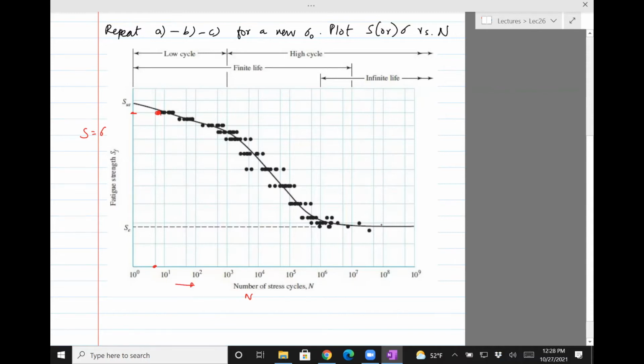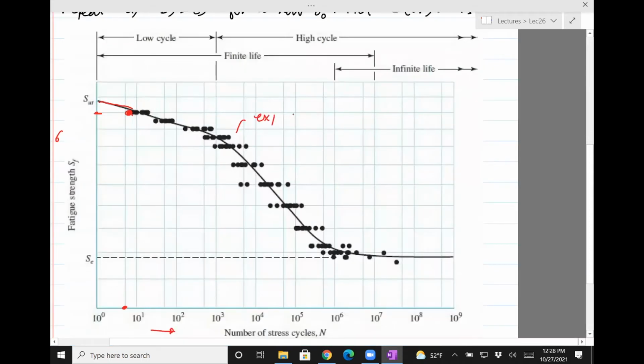These are experimental data, and this line which you see here is the least square fit to this data.